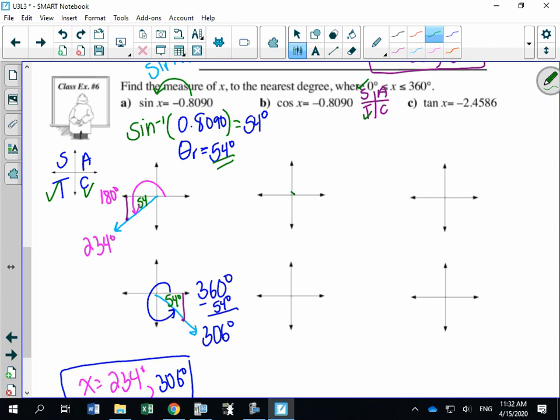That means I'm going to have a solution in quadrant 2 and a solution in quadrant 4. I need to figure out what this rotational angle is and what this rotational angle is. In order to do that, I need to figure out my reference angle. So my reference angle is the inverse cos of the positive value of that number.